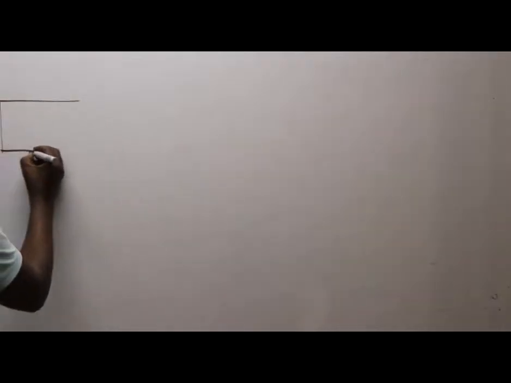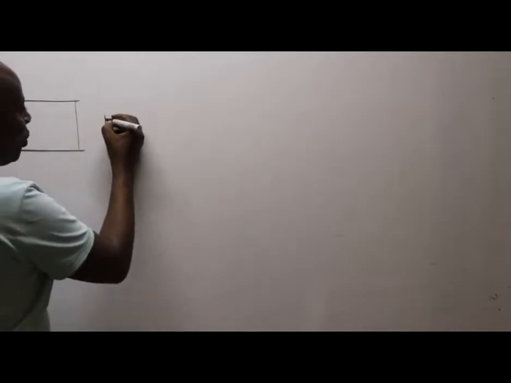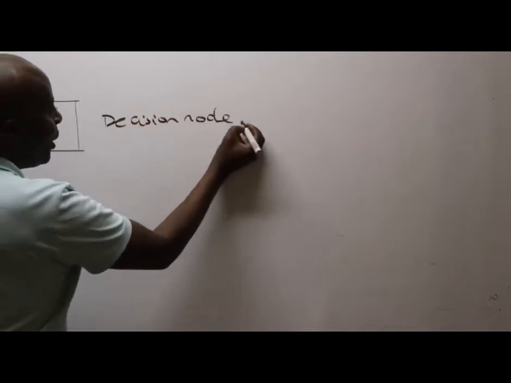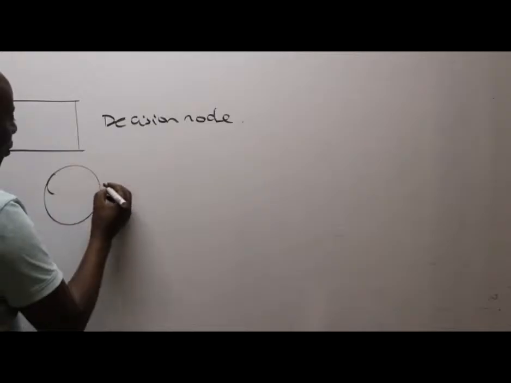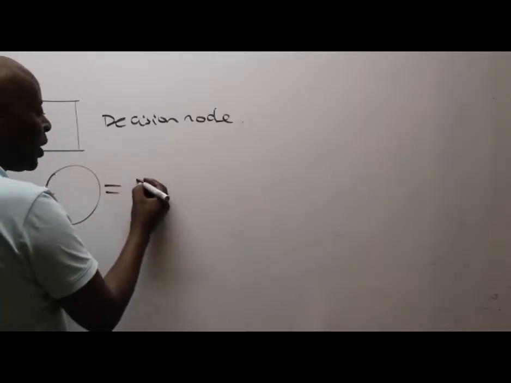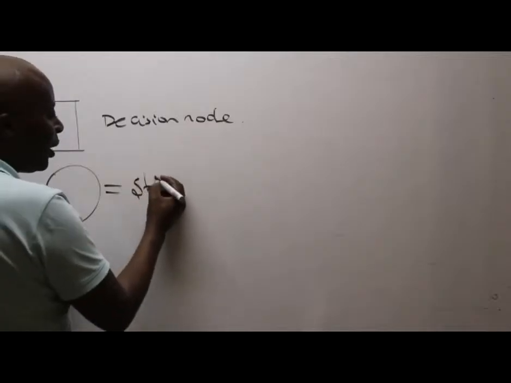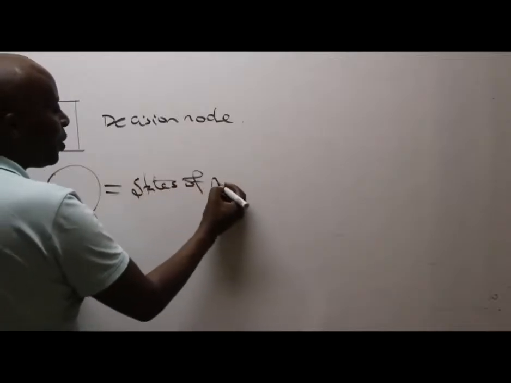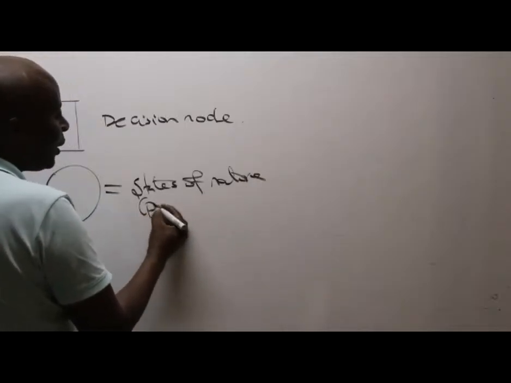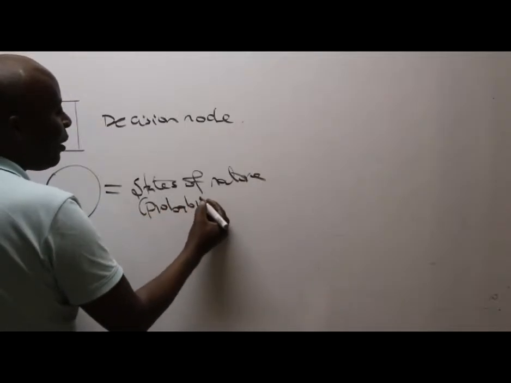Don't forget, ladies and gentlemen, that basically we have got 2 nodes in decision trees. We have a box node, this is what we call a decision node. And then we have a circle node, which is a chance node, or a states of nature node. If you remember, the states of nature node is the one that carries the probabilistic events.